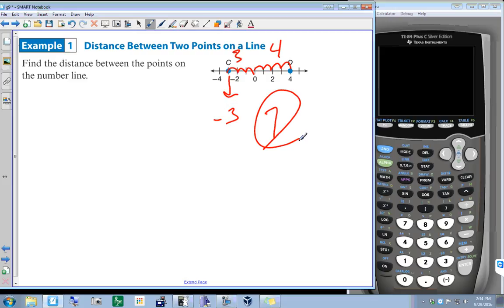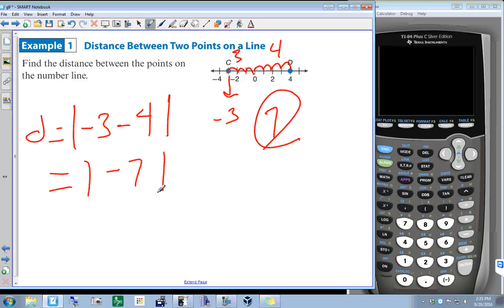Now, what happens if I want to use that distance formula with the absolute values? So distance is going to be equal to the absolute value of, what was one of the numbers? -3 minus 4, the other number, which gives us the absolute value of -7, yes? What's the absolute value of -7? 7.